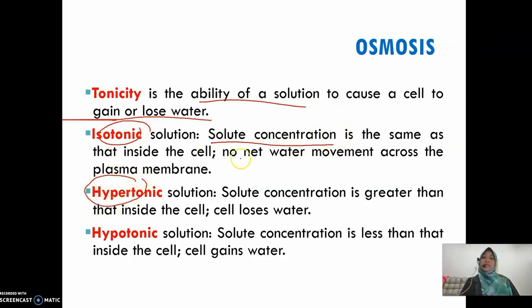Hypertonic solution has greater solute concentration than inside of the cell, so the cell will lose water. On the other hand, hypotonic solution has solute concentration that is less than inside of the cell. Therefore, the cell will gain water.